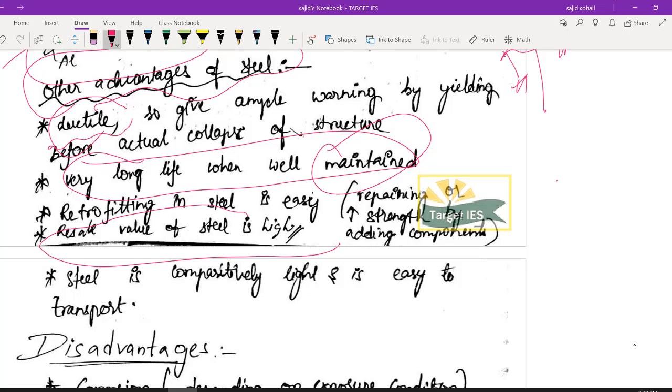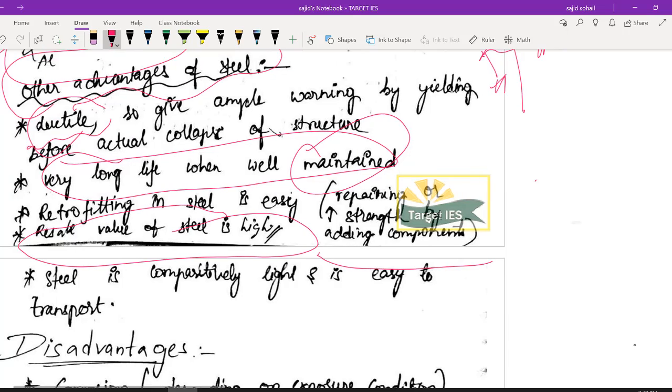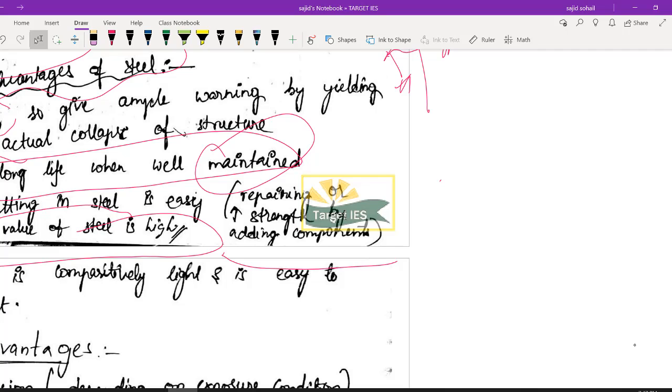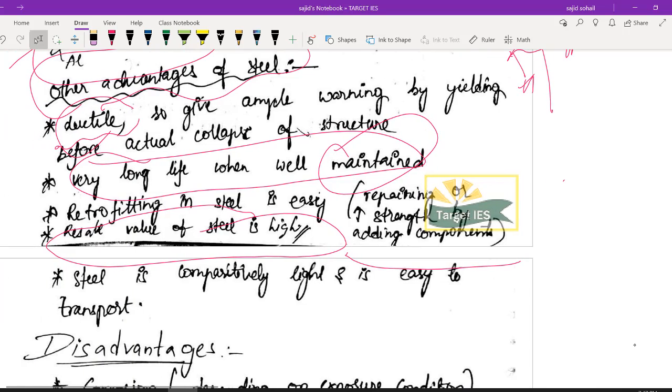And resale value of steel is very high. Everyone knows this. So at the end of the life of steel, you won't be just throwing it in a dump yard. You can sell it and get a very good amount of money back, right? So it has very good resale value, and retrofitting in steel is very easy.